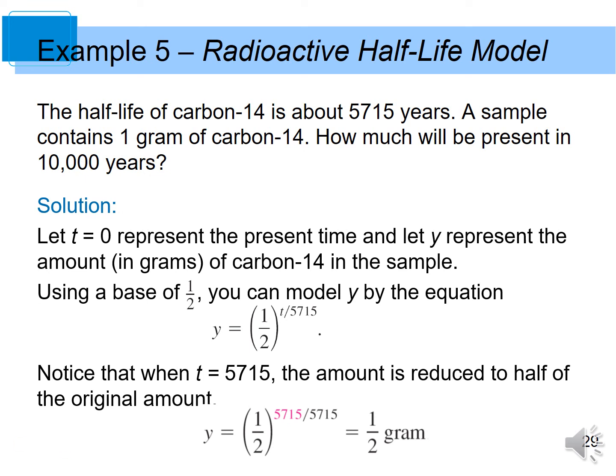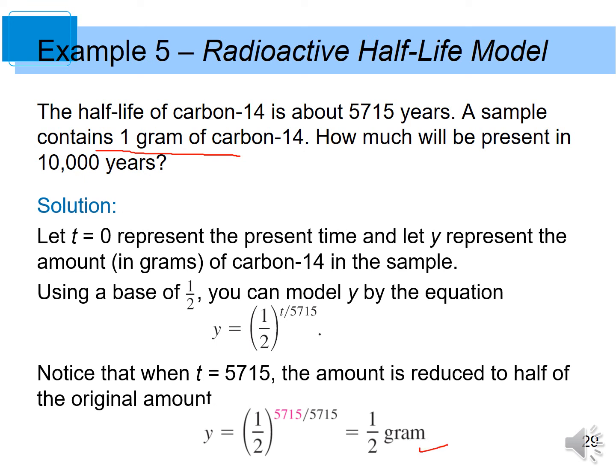A sample contains 1 gram of carbon, meaning that this is the initial time. So the sample originally is 1 gram. Then after 5,715 years, the sample weight is reduced to half a gram. So just half a gram left. So it is correct.